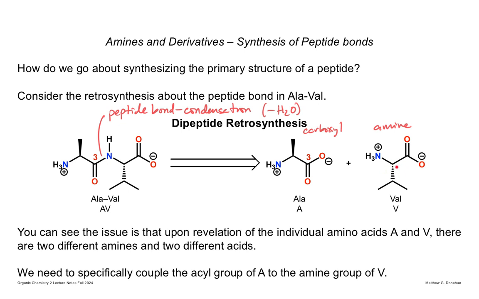This could couple with itself. That could couple with itself. Or this coupling with that to give us our desired product, or that coupling with that giving us a constitutional isomer. So to narrow down the possibilities, we have to protect that amine so it's not nucleophilic, and then we have to protect that so it can't react with an amine to form a peptide bond.